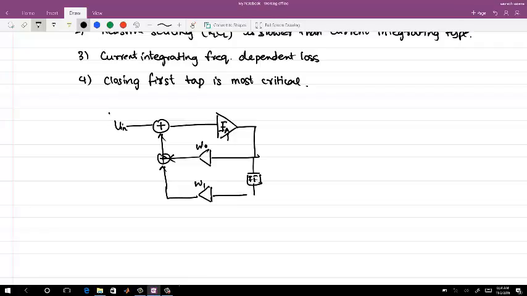This is just a block diagram. Okay, so this is a minus. And the loop which we are concerned about is this.